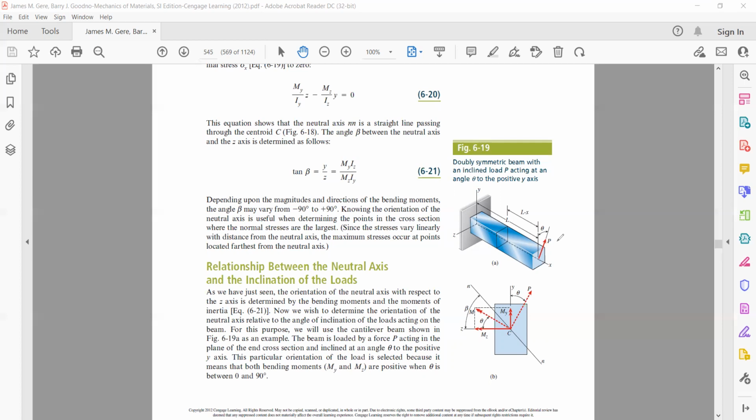This is again an academic diagram, because by applying the load P in this direction at point A, moments My and Mz will be created.